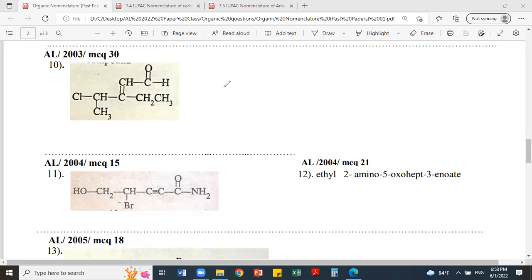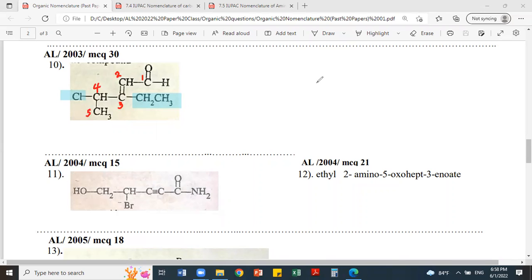So this should be an ethyl group. I'll highlight the substituent groups here. This is ethyl. This is chloro. I'll start numbering the chain now, starting from the functional group. So it's 1 here, 2 here, 3 here, 4 here, and 5 here.